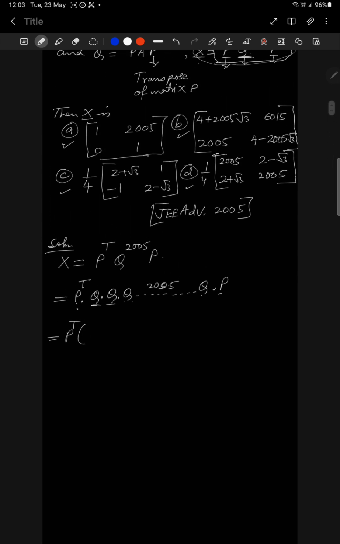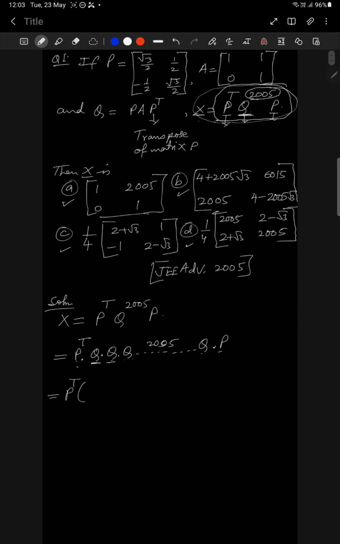Now let us put the value of this Q each time. Q value was given to us as Q is equal to P A P transpose.